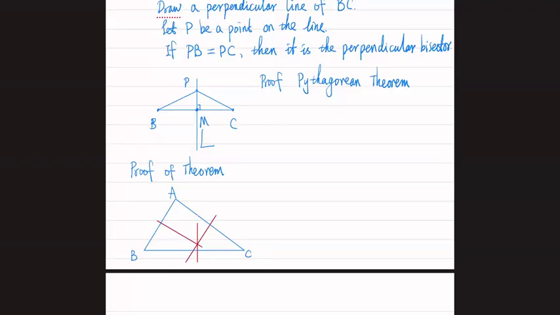I will start with a perpendicular bisector, another perpendicular bisector.